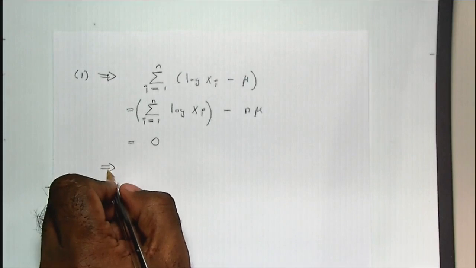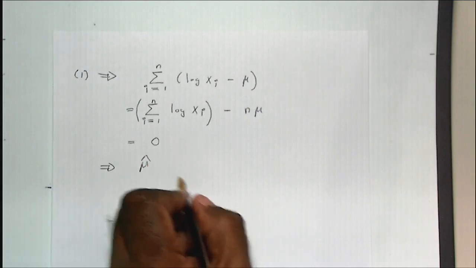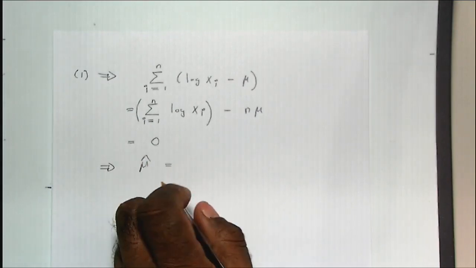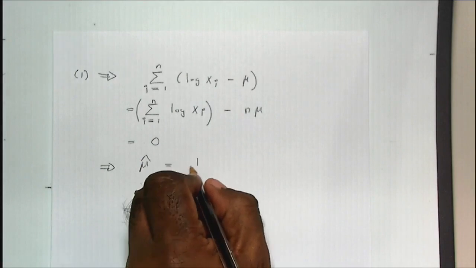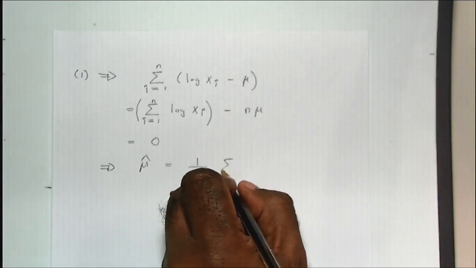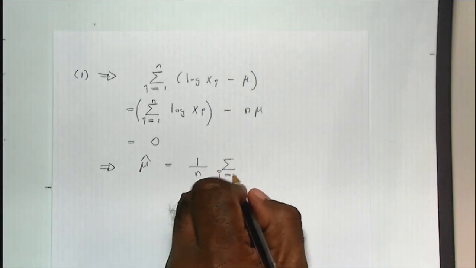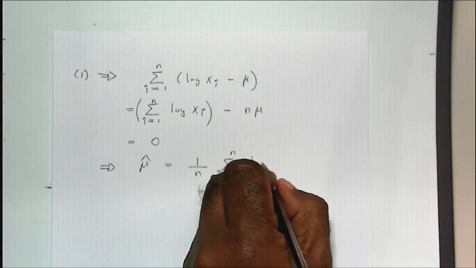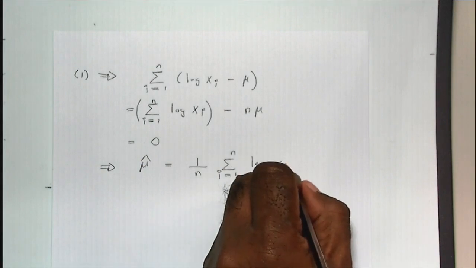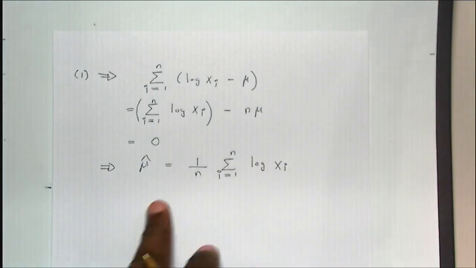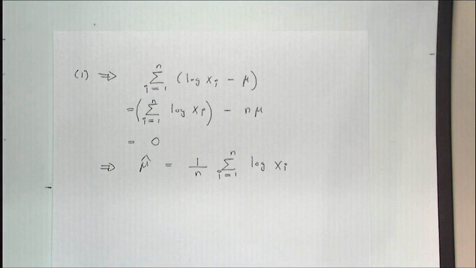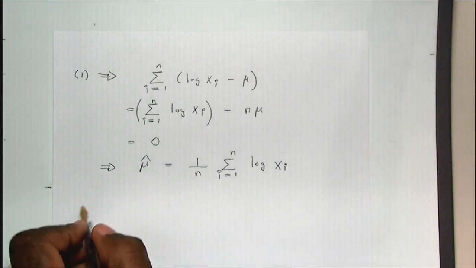So the estimator for mu, which I call mu hat, is equal to this. Yeah? Okay, guys.